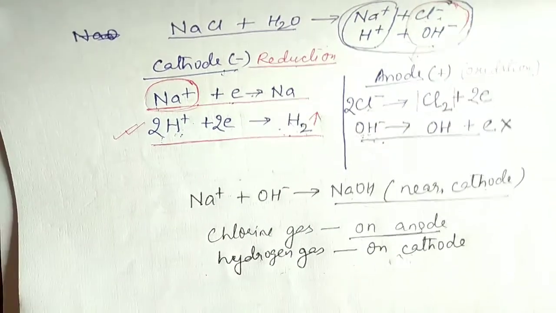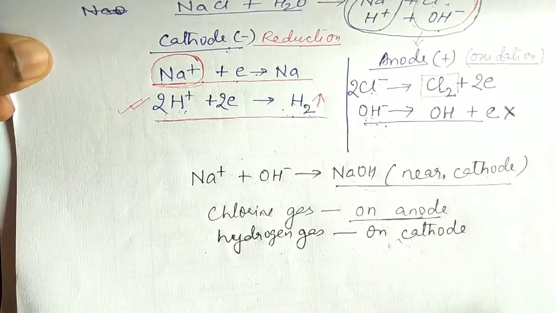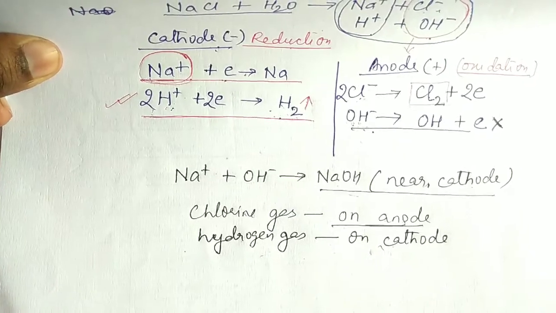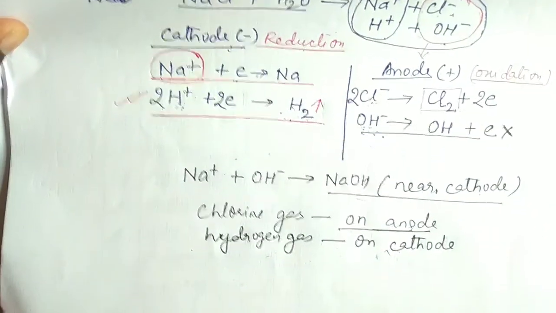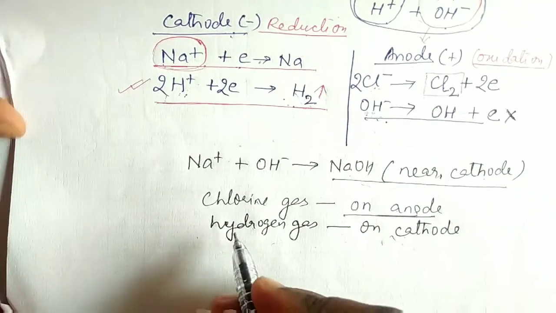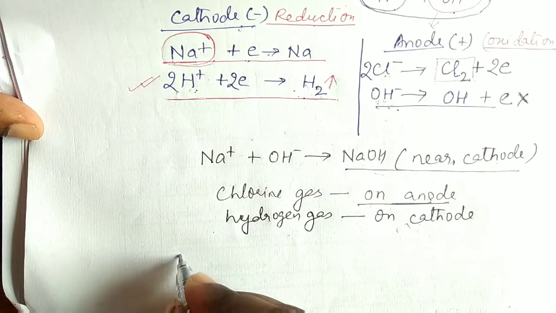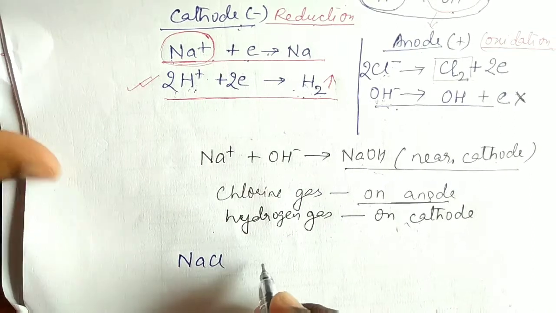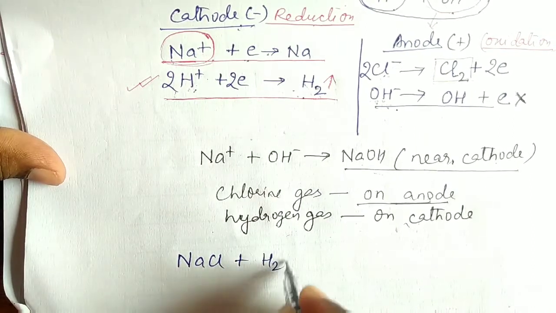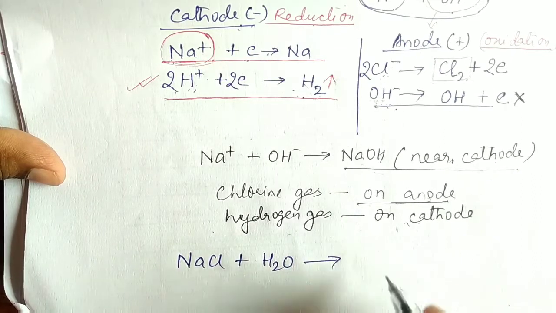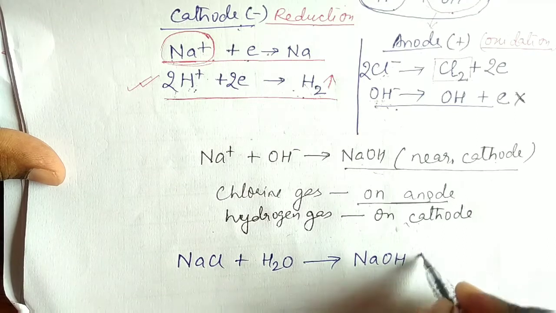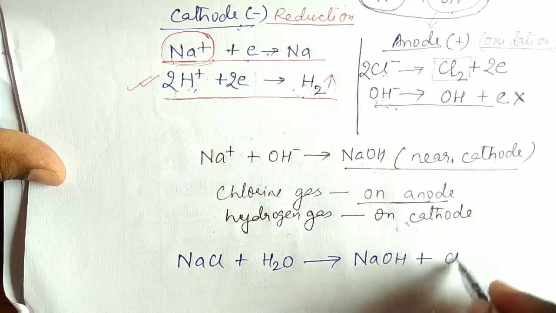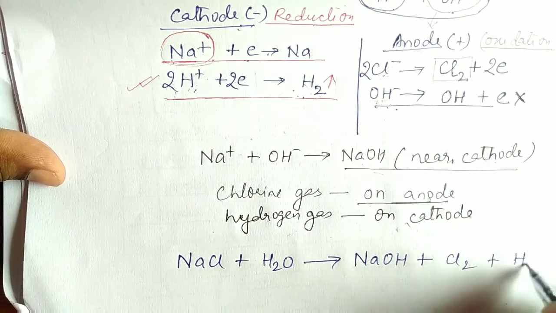When we write down the balanced reaction for the formation of these products, we get NaCl plus H2O gives NaOH, which is the main product, caustic soda, plus Cl2 plus H2.